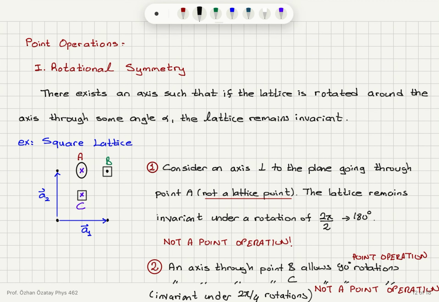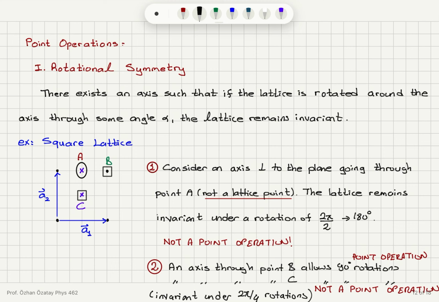And the point operations, as for the rotational symmetry, if we choose a lattice point and we look at the rotational symmetry of the lattice about an axis that goes through this lattice point, we see that this is a point operation, and here I have shown this symmetry with a square for point B. You can see that I have a 2 pi over 4 rotation that maps the lattice into itself.